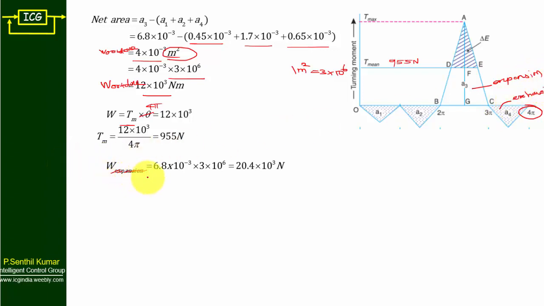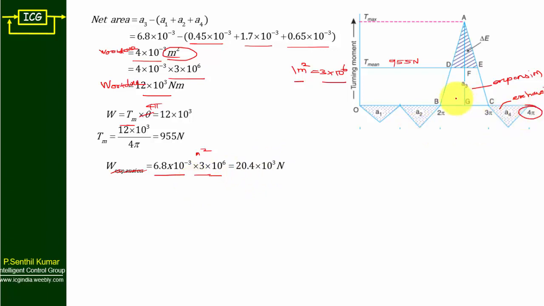W expansion equals the total value of A3, 6.8 into 10 power minus 3. This is meter squared, but we need everything in Newton meter, so multiply 1 meter squared with 3 into 10 power 6. Multiply this term with 3 into 10 power 6, you will get 20.4 into 10 power 3 Newton meter.